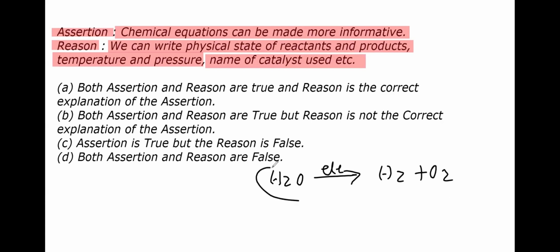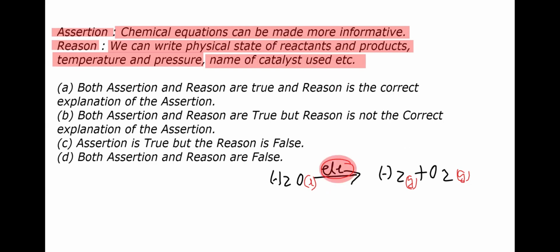Now, this reaction does not give an idea whether the water is in the gaseous state like steam, or what the state of the other two products is. But we can make the reaction more informative by writing the states, like L for liquid, G for gas, and the condition that it does not go on its own, electricity has to be passed.